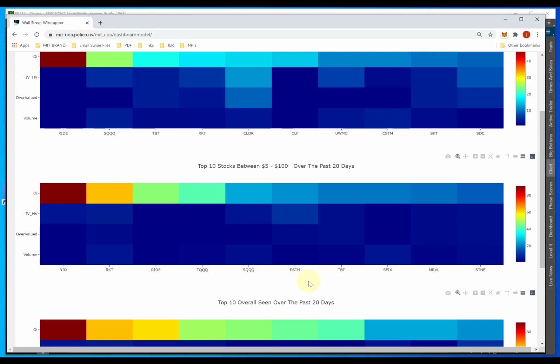We know from the Wiretapper that these names have a high probability of taking out their implied volatility, the volatility priced in the market. We want to use the HVT to see, is it a good buy? Is it a good sell? Let's look at NEO and then PSTH.